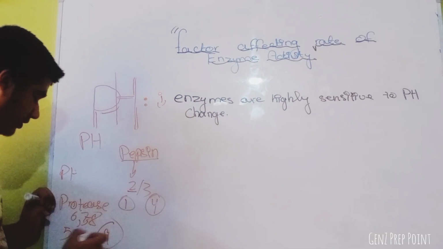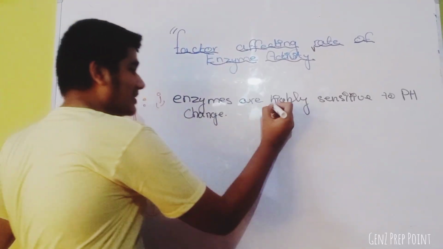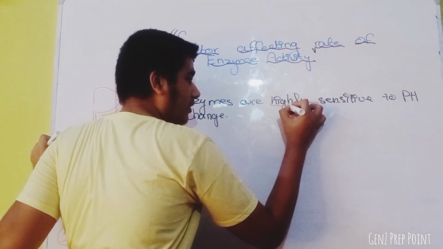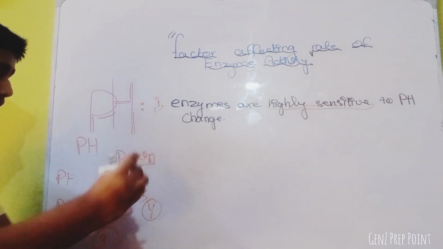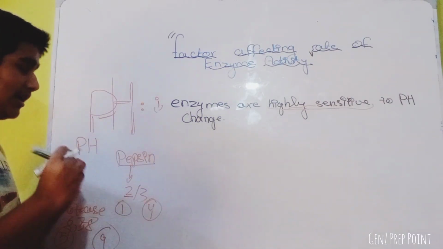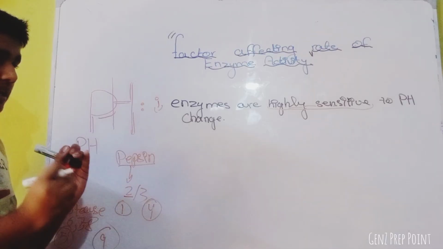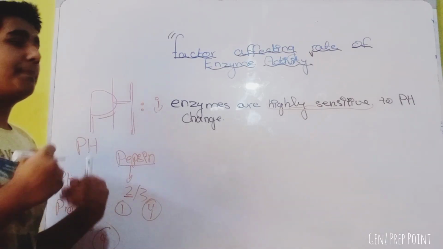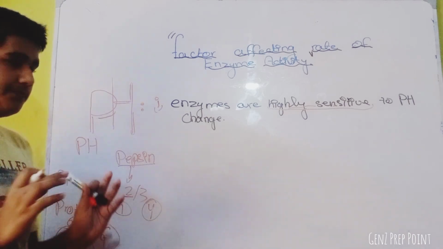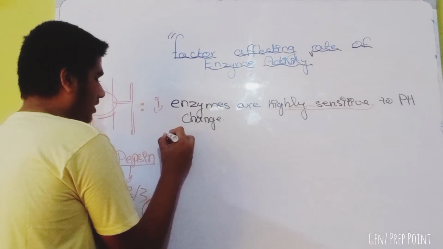We will be talking about it. So what do I mean by highly sensitive? I mean if we drop or raise the pH level of that enzyme, it will denature or permanently damage that enzyme.